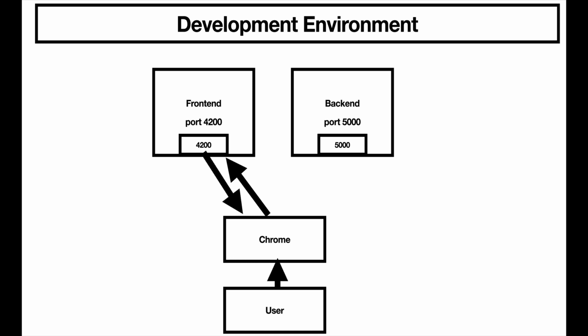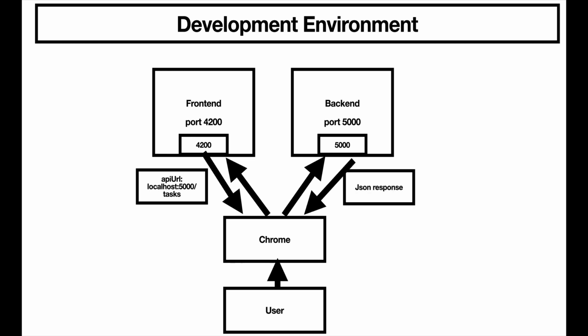It will return the screen that we see, and it is also going to tell that the JSON response is coming from the API URL localhost at 5000/task. Chrome goes to the backend server at port 5000 and gets the JSON response back, and it will display on our screen. That's how it works for the development environment. That's why we can have direct access to port 5000.